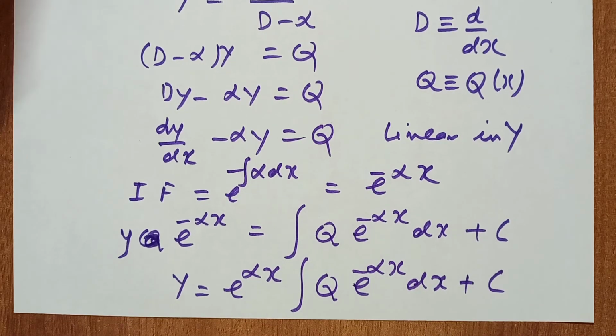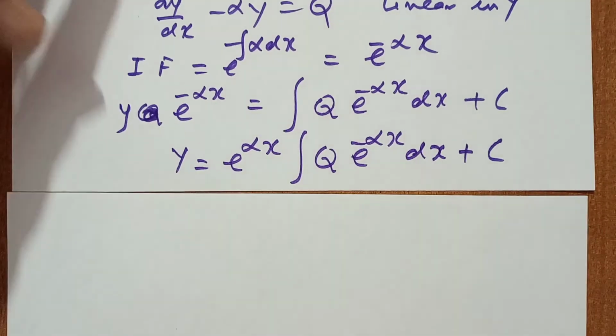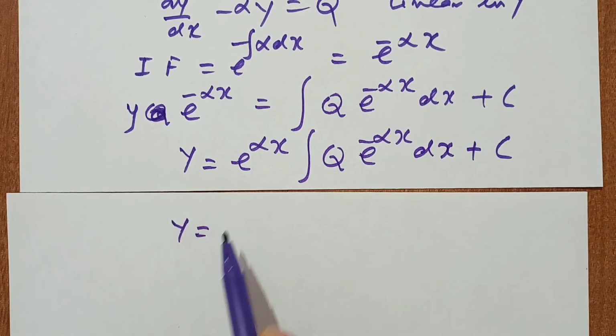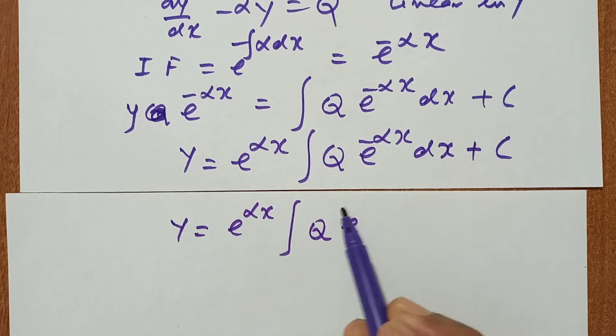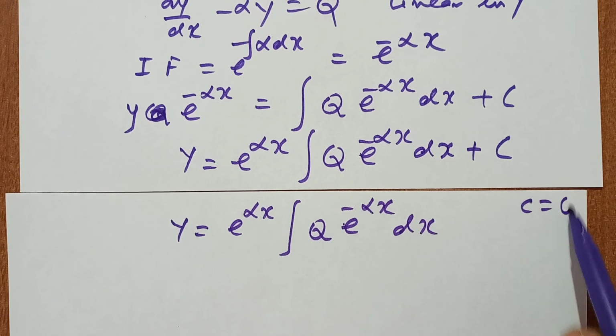In the case of the particular integral, we put c equal to 0. So by putting c equal to 0, y is equal to e to the power alpha x times the integral of Q e to the power minus alpha x dx.